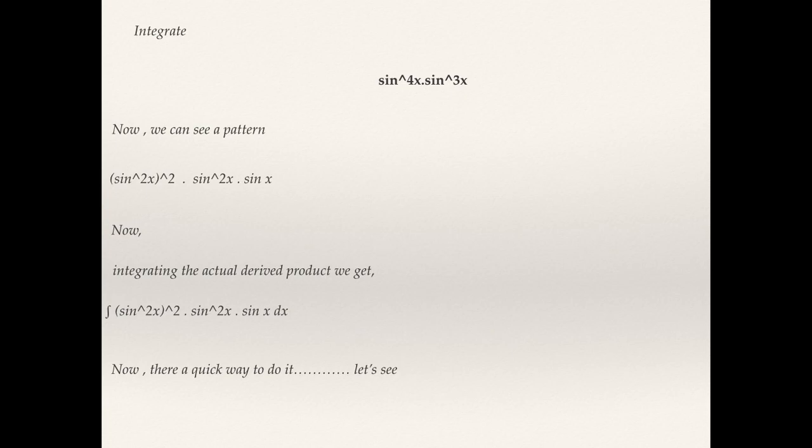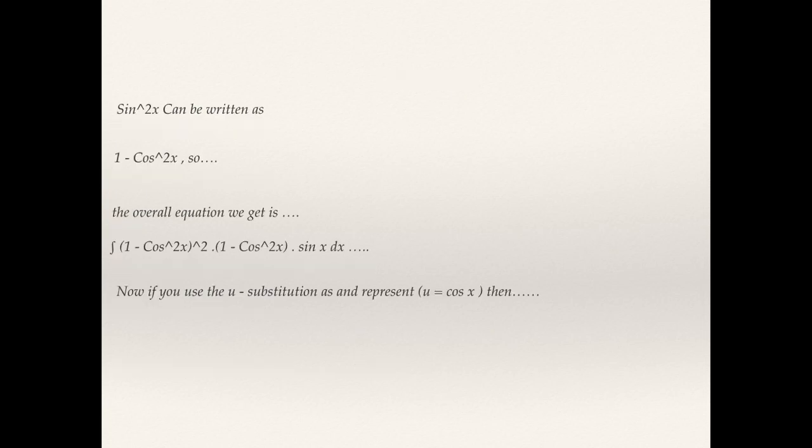Sine squared x can be written as 1 minus cos squared x. So the overall equation will be this, shown on the screen: 1 minus cos squared x whole squared times 1 minus cos squared x times sine x dx.